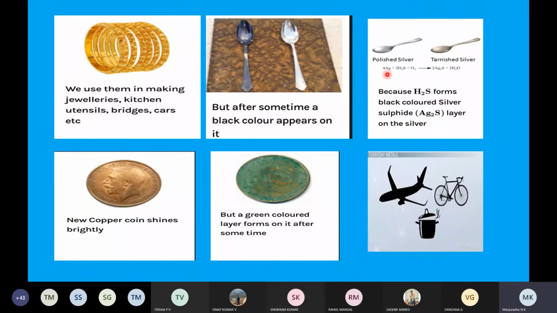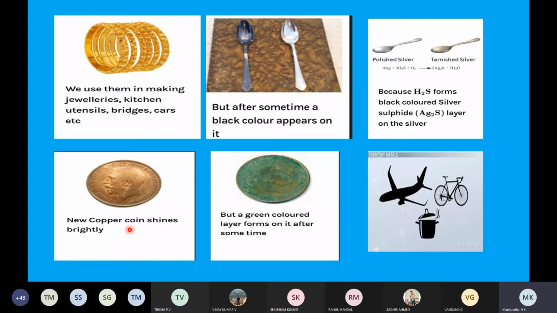When silver reacts with hydrogen sulfide gas in the atmosphere in the presence of oxygen, a silver sulfide layer forms, which indicates the loss of silver metal.